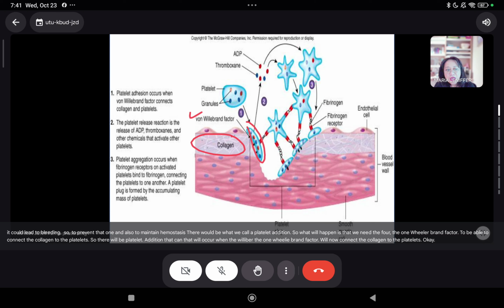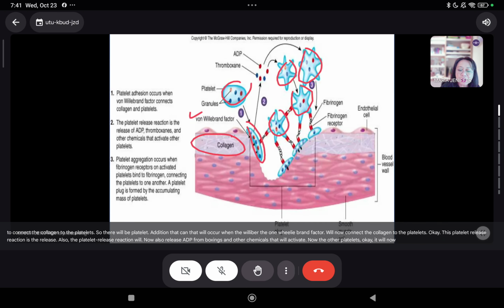The platelet release reaction will then release ADP, thromboxanes, and other chemicals that will activate the other platelets.